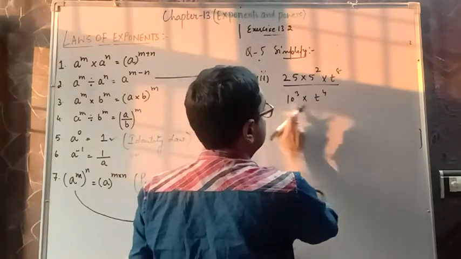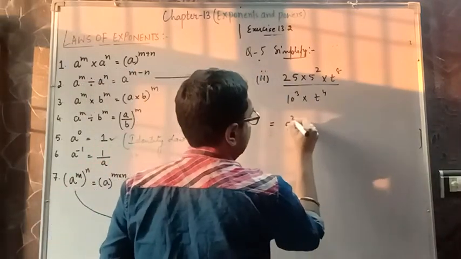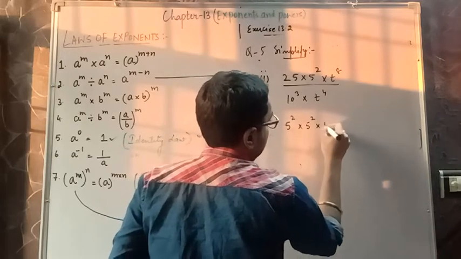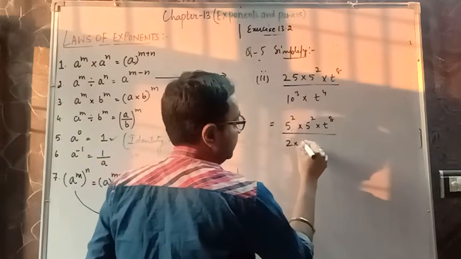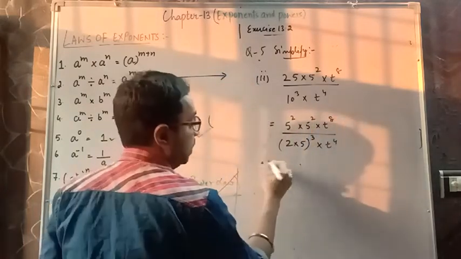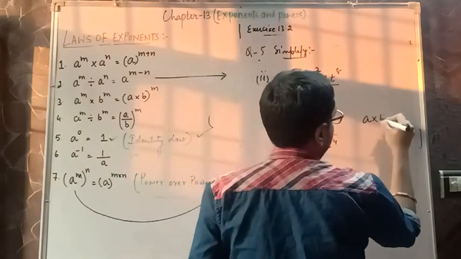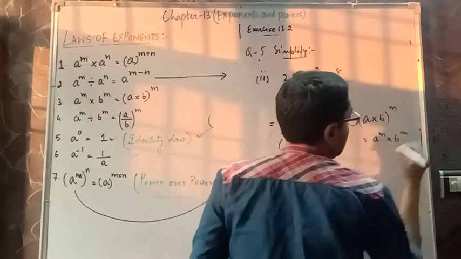Base 5, base 2, base 10, 25. We have to check. So I can write 25 as 5 square, not a problem. Can I write 10 as 2 into 5, on prime factorization, whole raised to power of this? Now I told you, if a into b raised to power n, it's also equal to a raised to power n, b raised to power n.